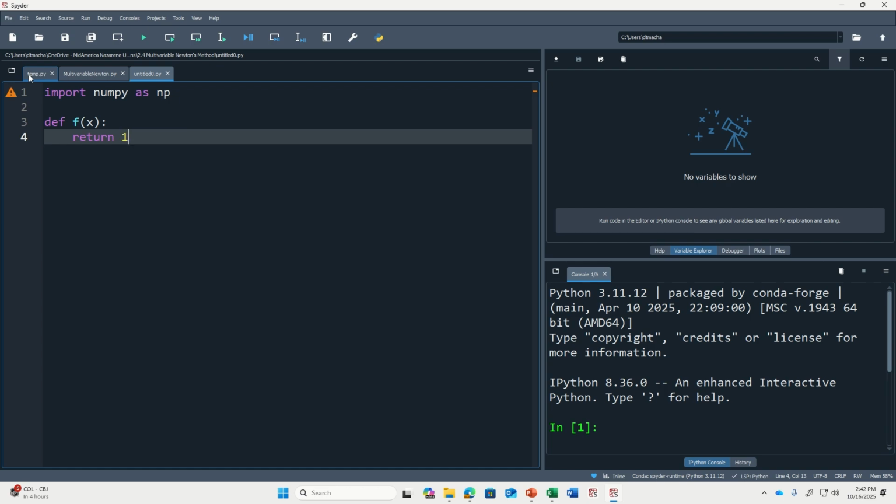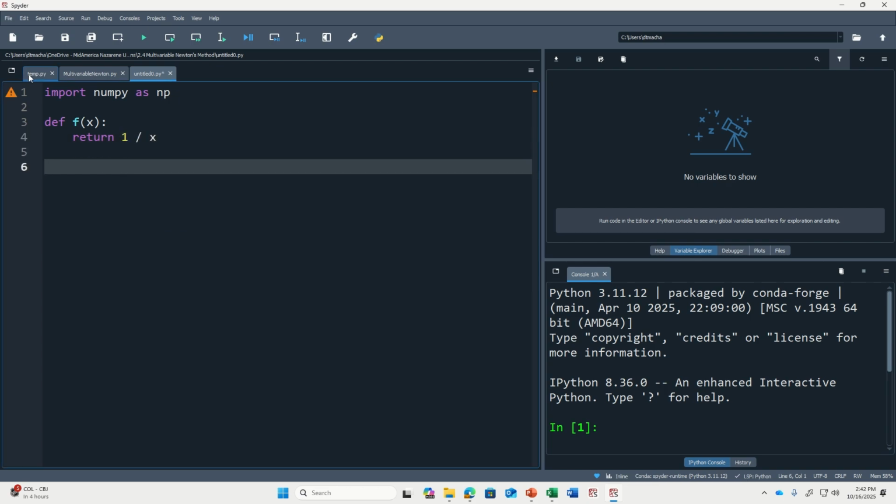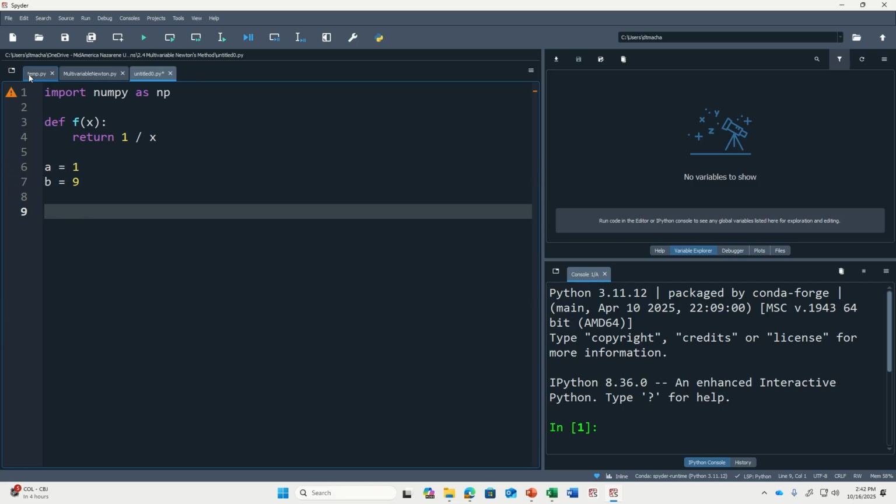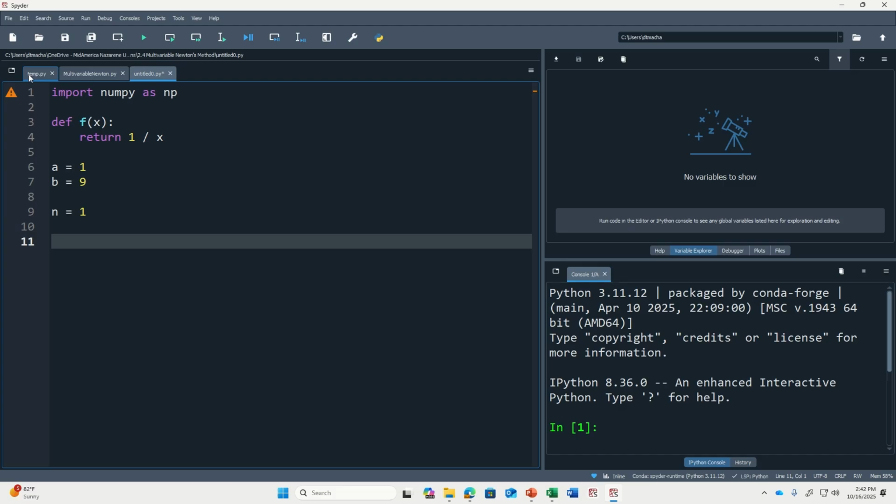No, let's make it 1 divided by x. I'll tell you why here in a minute. We're going to give it a place to specify the lower bound and the upper bound. And then we are going to start off using 1 Simpson's rule subinterval. So I'll say n is equal to 1 for the number of subintervals.